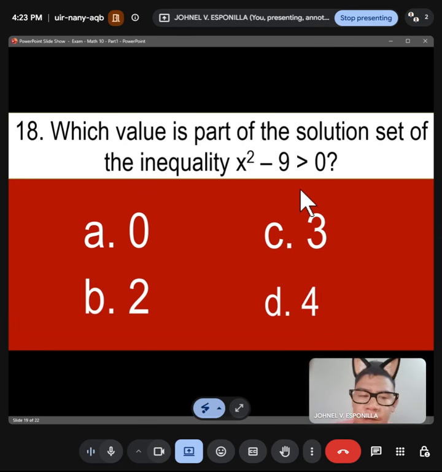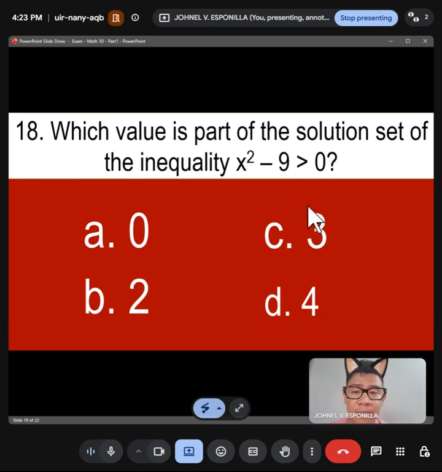Okay, so dito, since this is multiple choice, we can use trial and error. If x is equal to 0, we will get -9 which is not greater than 0. If b naman po ang gagamitin natin for x, so 2 squared minus 9 is not greater than 0 also because 4 minus 9 is -5.